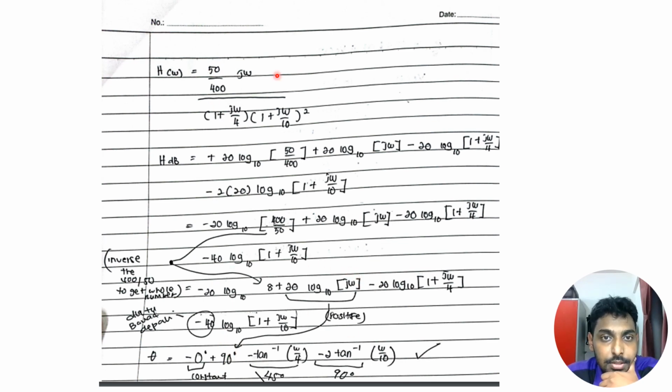We can see from the transfer function that j omega will represent the zero position, and the negative tangent inverse of omega over 4, and negative 2 tangent inverse of omega over 10 we take from the negative 40 log. So the negative 2 is because of the negative 40, that negative 40 we get from the 2 multiplied with 20.